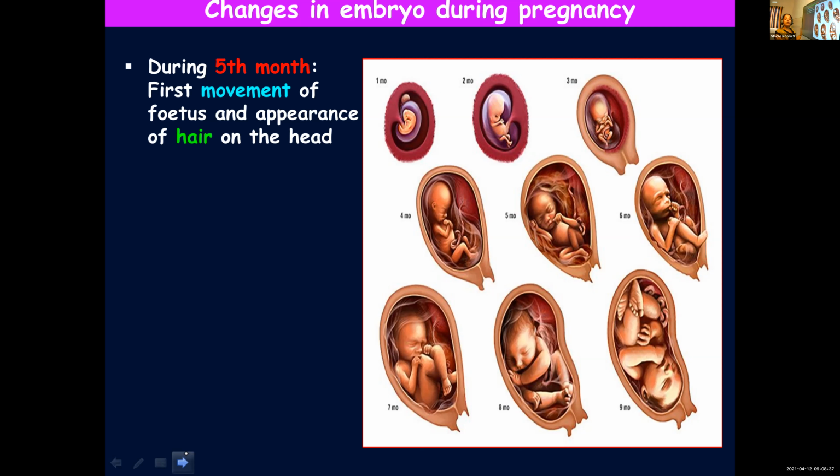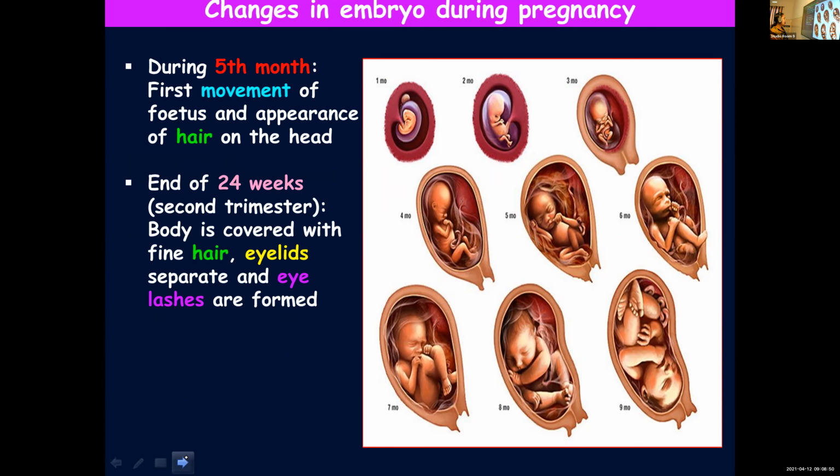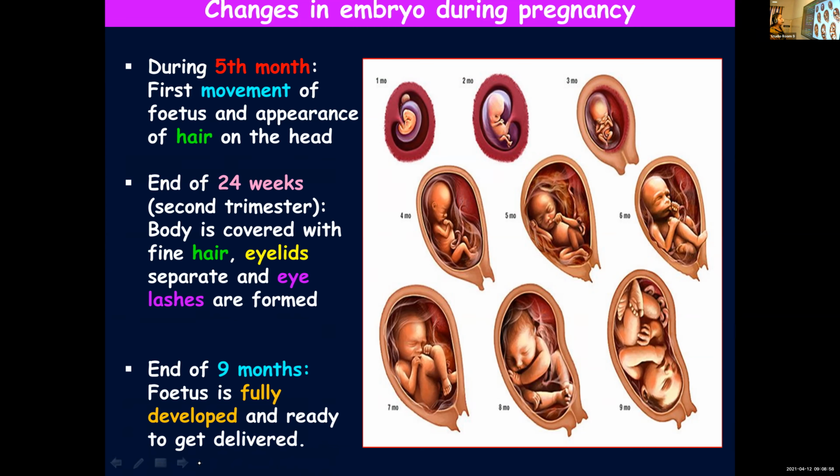The movement of the fetus can be felt by the mother, and if we observe the stomach of the mother, you can make out the movements on the tummy. At the end of 24 weeks, the body gets covered with hair, eyelids separate, and eyelashes are formed. And at the end of 9 months, the fetus will get fully formed and will be ready to be delivered.